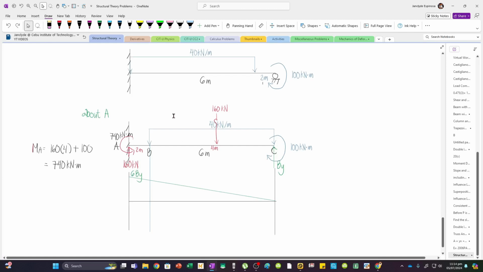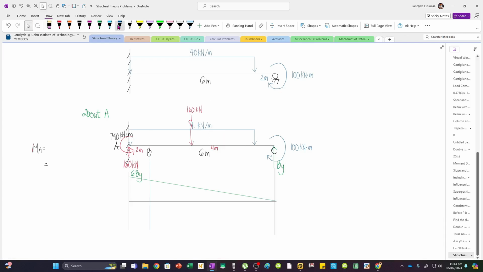Sorry, so let's change that. So our moment reaction will change. I'll remove this, but this is still 160, 40 kN per m. So the moment at A is 40 times 6 multiplied by 3, which is 720 kN·m, and again, I'm going to take moments about A.